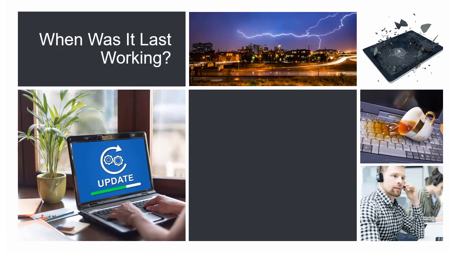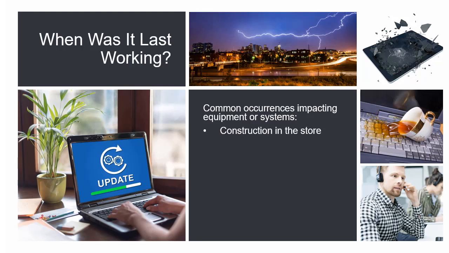So for instance, like the picture up in the center of the page, was it working? When was it last working? And they say, oh, before that electrical storm 2 days ago. Well, unfortunately, even with surge protectors and UPSs, surges still get through into our stores and they can still destroy equipment.